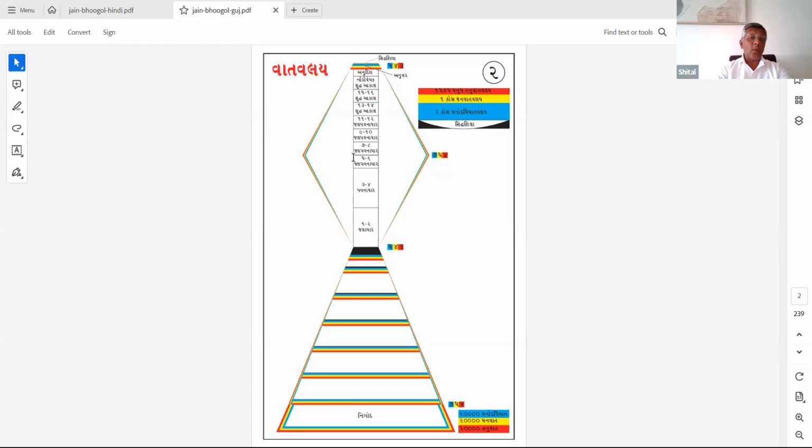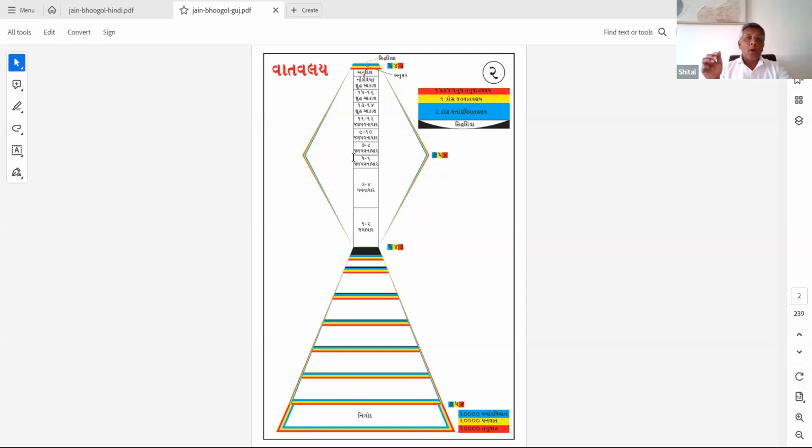Other religions, the Hindu scriptures, believe that there is a snake at the bottom of the lok that's holding the lok up. But according to Jainism, the whole lok is supported by these three winds. They carry the whole weight of the lok.